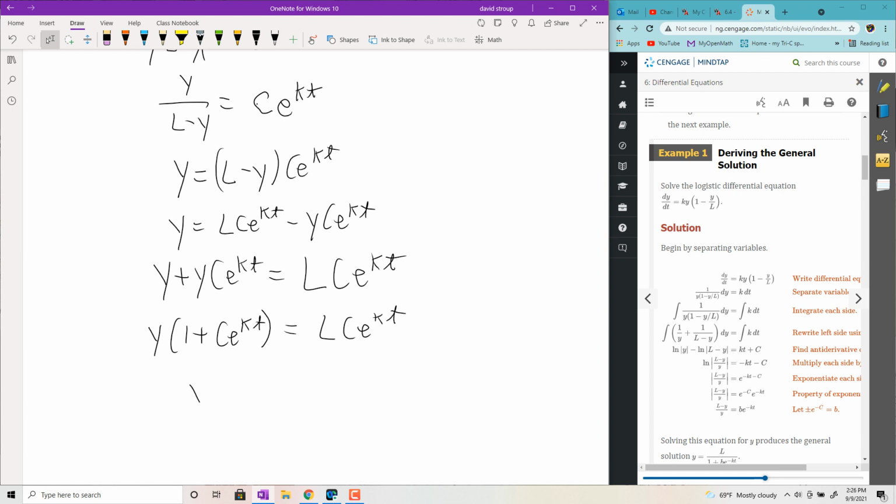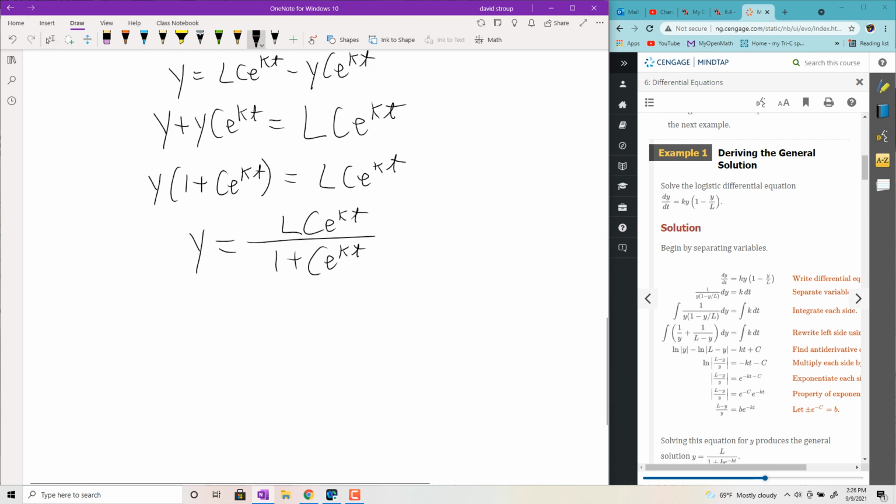Divide both sides by the 1 plus c e to the kt. You get L c e to the kt all over 1 plus c e to the kt. Divide top and bottom by c e to the kt. So I'm multiplying both top and bottom by 1 all over c e to the kt.